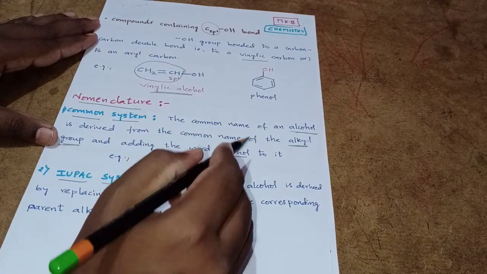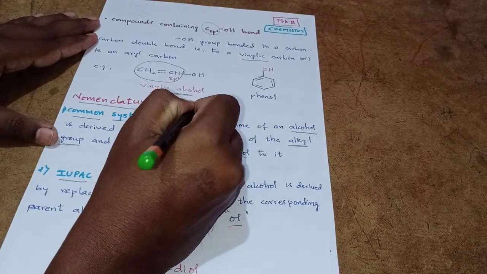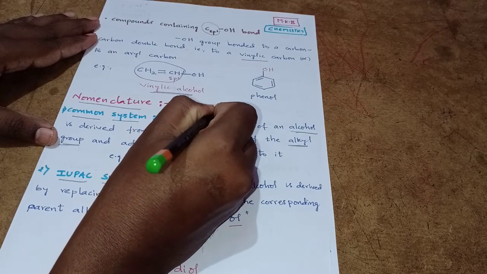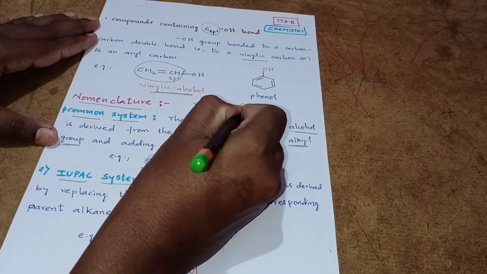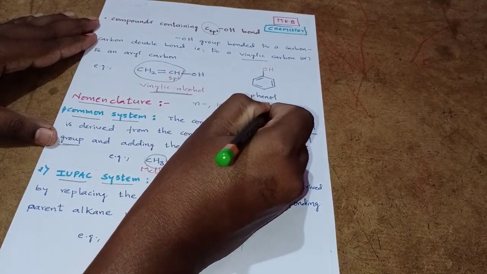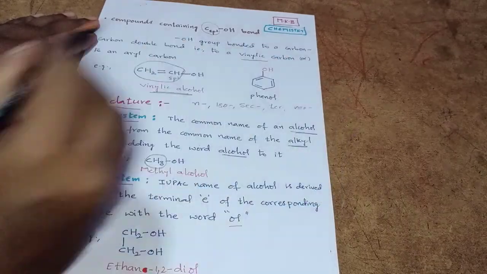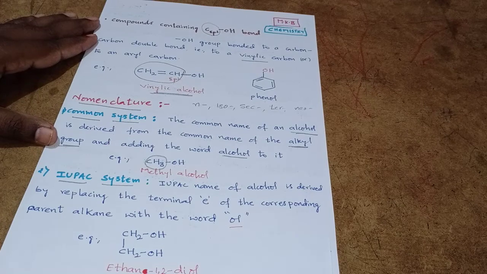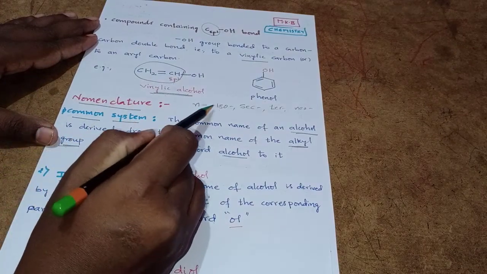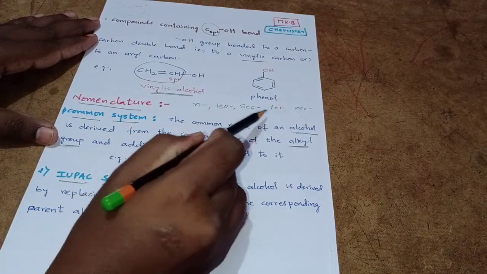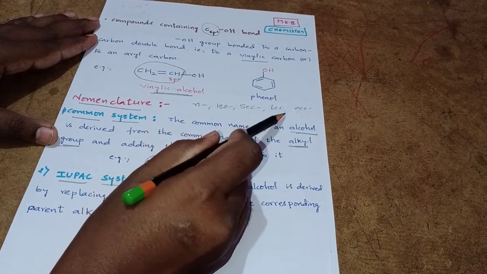Again, in the same system, we will come across words like normal, iso, secondary, tertiary, neo. These words are used as prefixes to distinguish the isomers.